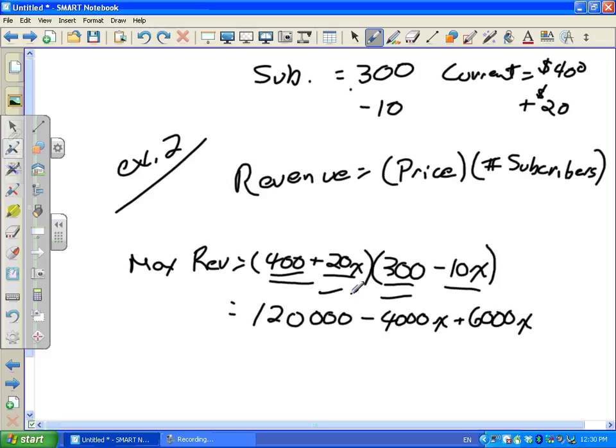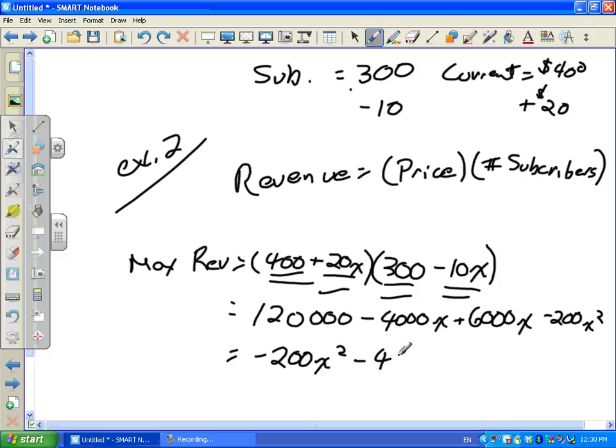And finally, our last terms, 20x times negative 10x is negative 200x squared. Now, this is a quadratic, kind of backwards from what we're used to looking at. So I'm going to move the negative 200x squared to the front.